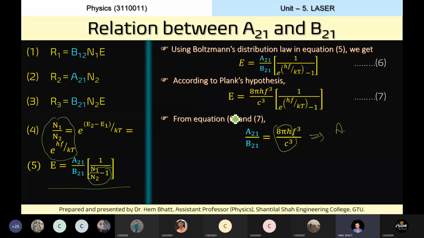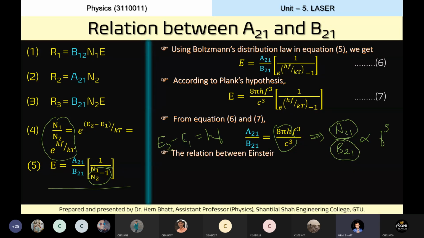And hence you can say that A21 by B21 is directly proportional to f cube. F છે આવૃત્તિ છે. E2 minus E1 is equal to HF. એટલે બે ઉર્જા સ્તરોનો જે તફાવત હોય એ જો વધારે હોય તો સ્પોન્ટેનિયસ એમિશન થાય. બે ઉર્જા સ્તર નજીક નજીક હોય તો સ્ટિમ્યુલેટેડ એમિશન થાય.